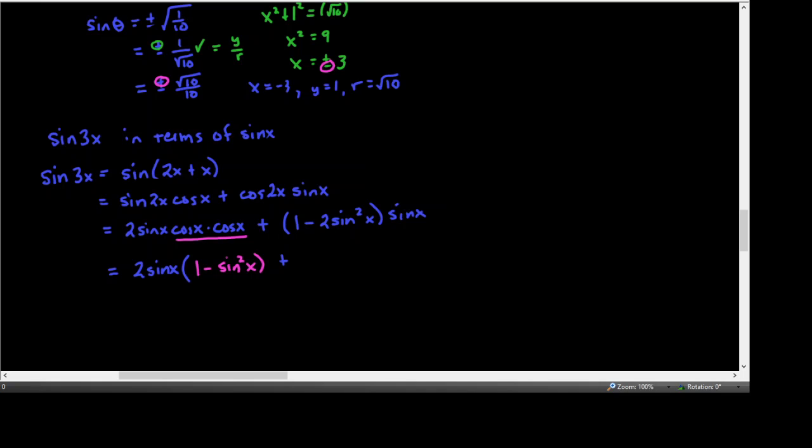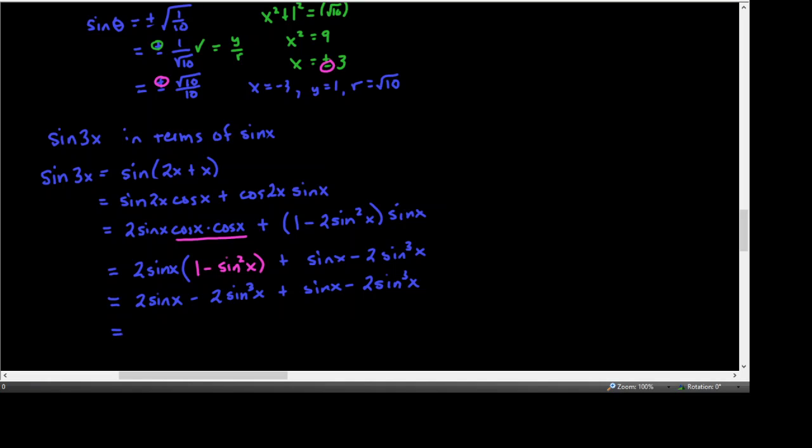Okay, let's distribute the sine of x. So that'll be sine of x minus 2 sine of x cubed, or sine cubed x. So distributing here, it's 2 sine of x minus 2 sine cubed of x plus sine of x minus 2 sine cubed of x.